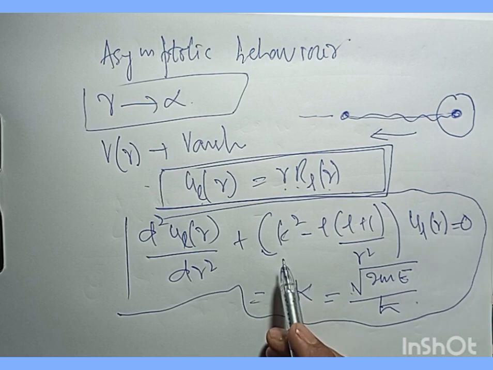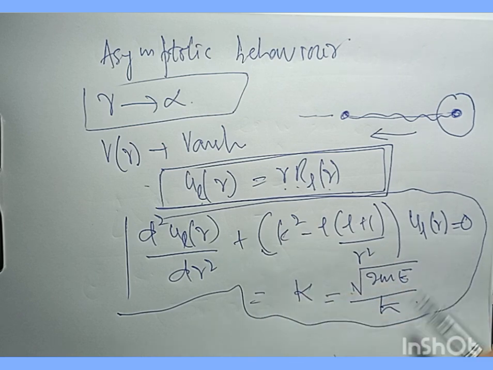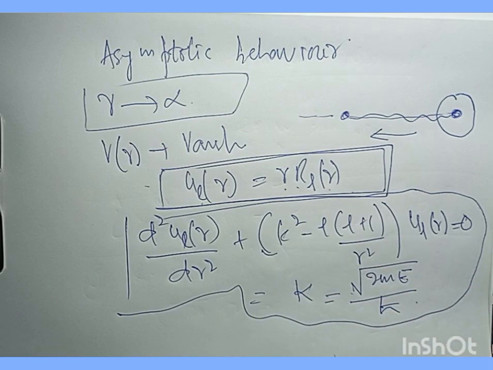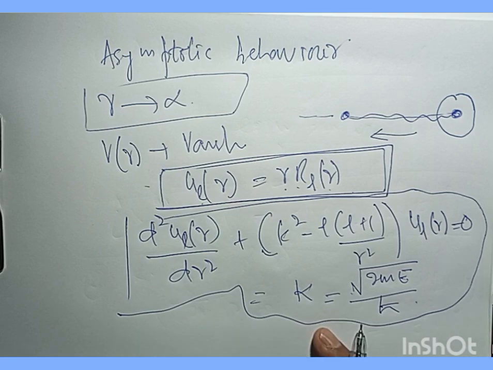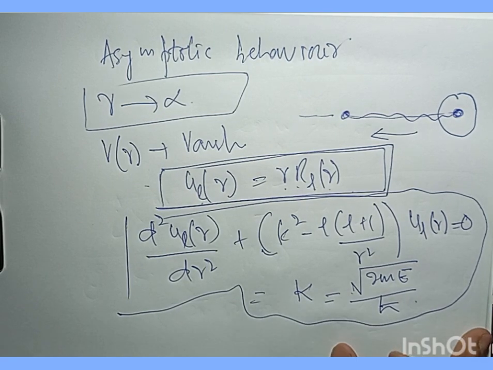Now for large r, if I have to write down the solution of this differential equation in the more general way, the solution is basically a linear combination of Bessel functions and Neumann functions.